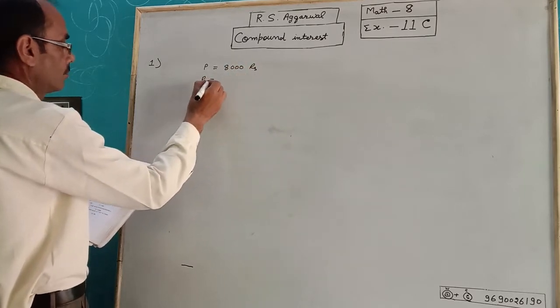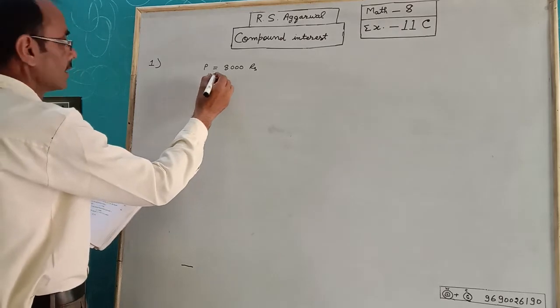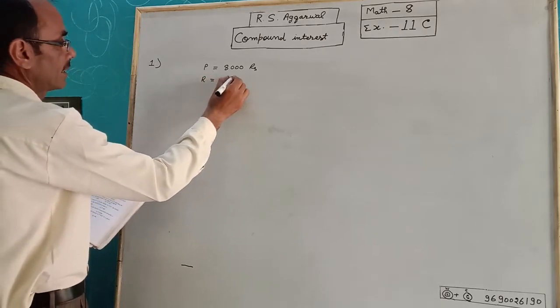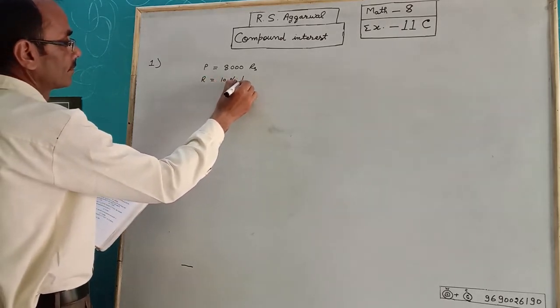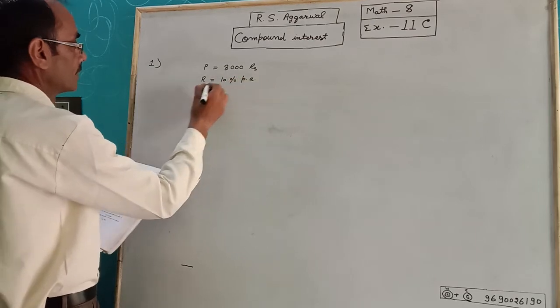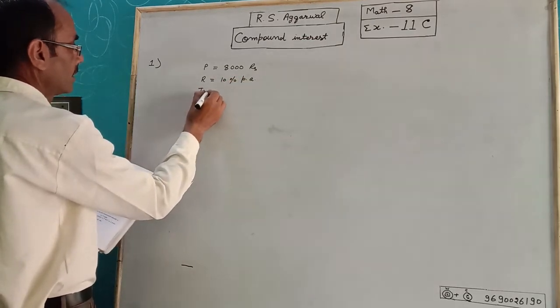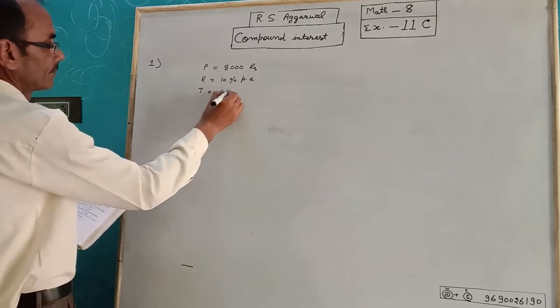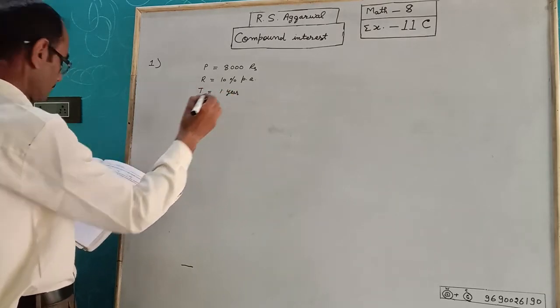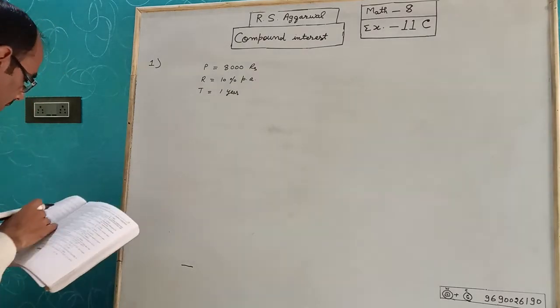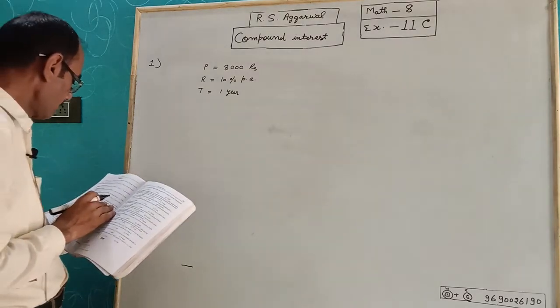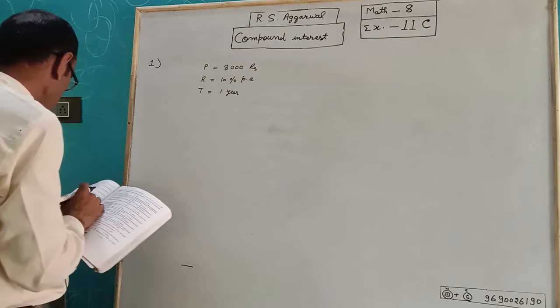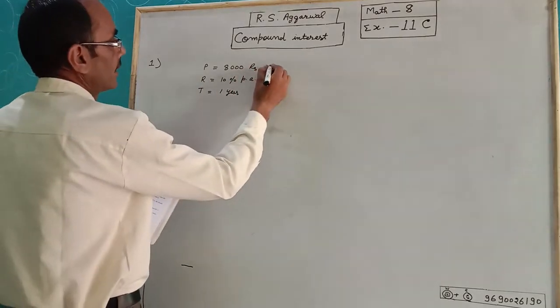R is equal to 10% per annum, and time is equal to 1 year, compounded half yearly.